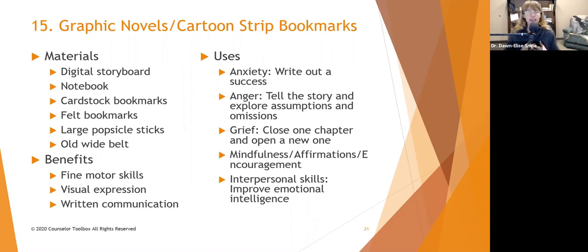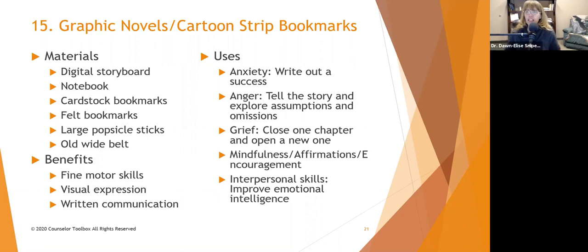And using a graphic novel, people can highlight and illustrate how their life was when that, for example, person was alive, and as they close out that chapter, what's the next chapter in this graphic novel now that that protagonist is no longer part of the cast? How is that going to be different?